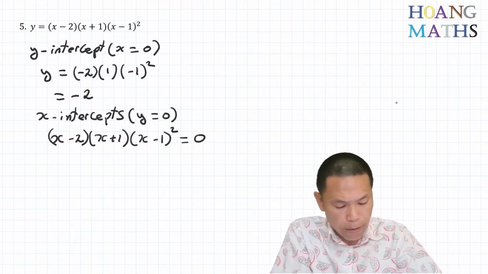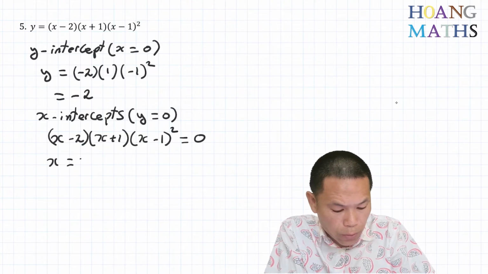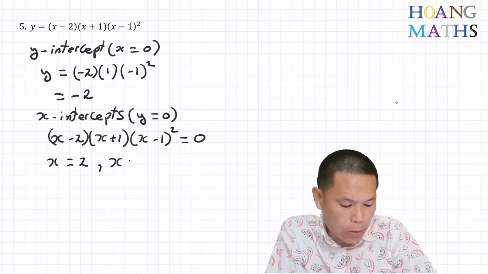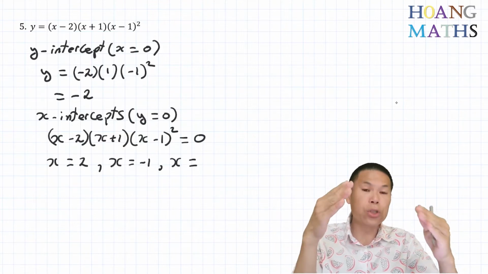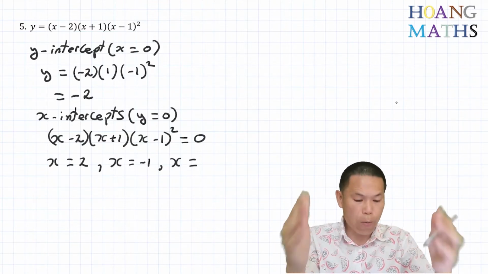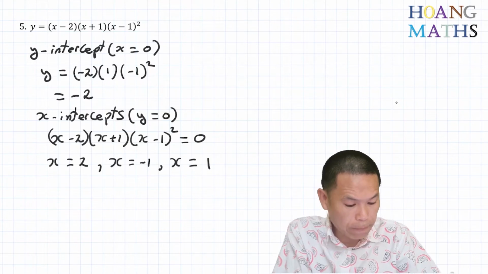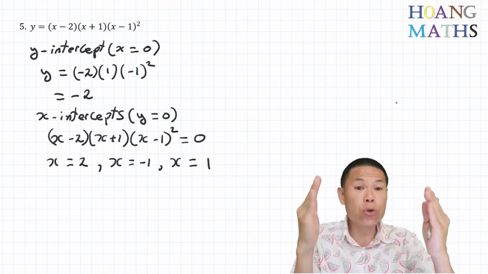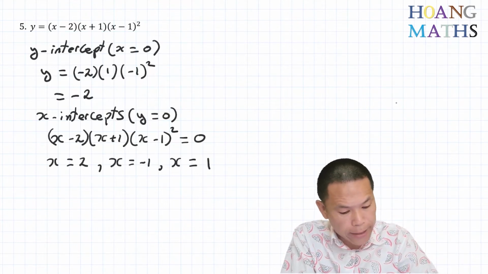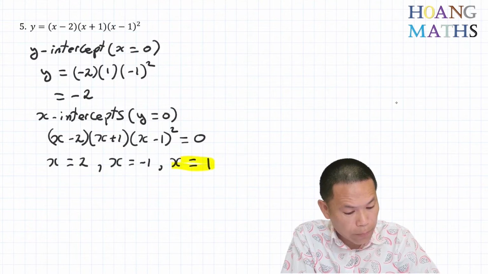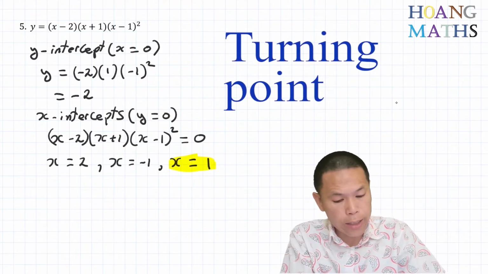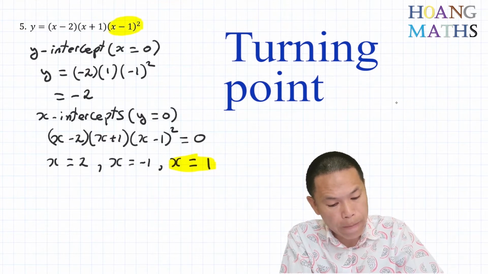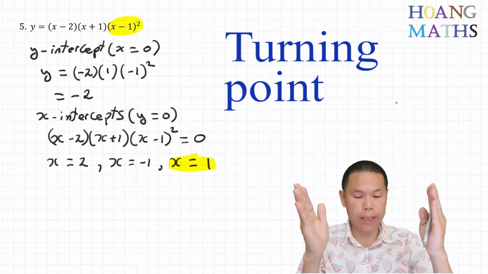So that is x equal to 2 and x equal to negative 1 and x equal to, because of negative 1 squared, we solve that one, that gives me 1. So that's it. And do not forget, at x equal to 1, this is the turning point because it is x minus 1 squared. So please take note of this, okay?